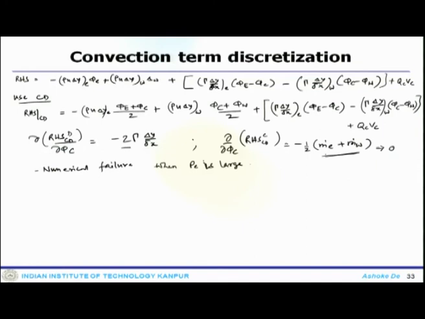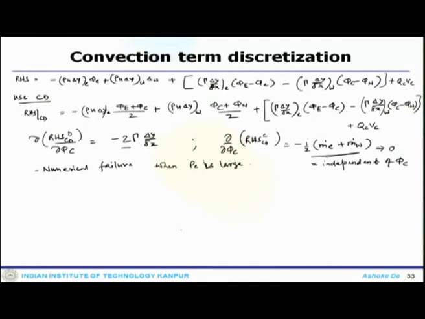So, what it suggests is that for steady flow, the net convective flux computed using the CD scheme is independent of phi c. Therefore, this will result in the same net convective flux over centroid C.